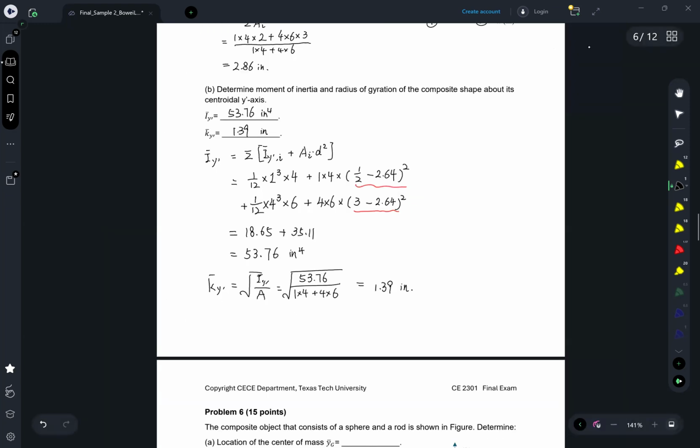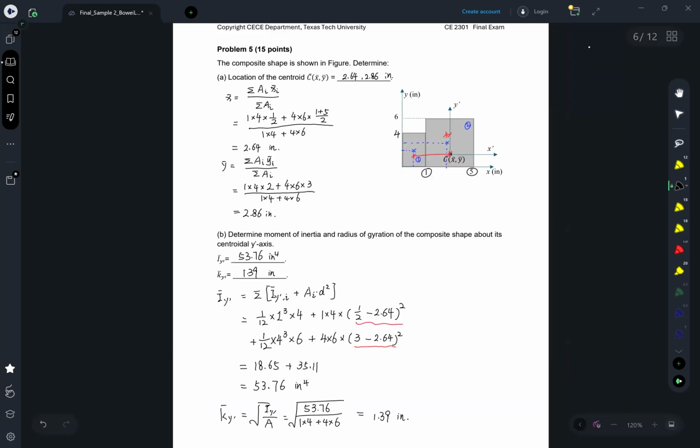Okay, so this is our problem 5 here. Problem 5 is examining the evaluation of the centroid, moment of inertia, and radius of gyration of a composite area. For the centroid, it is the weighted average of the centroid coordinates of each part.